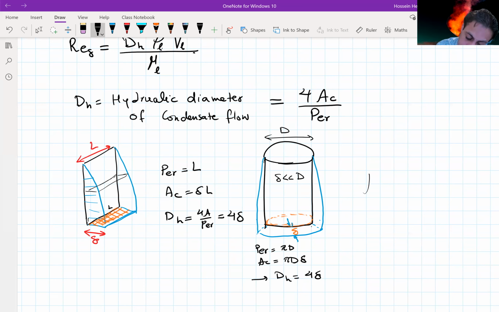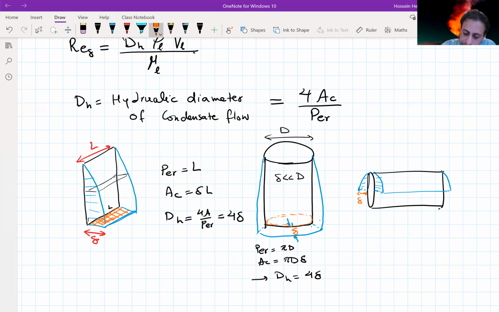Another geometry is a horizontal cylinder, where the condensation is just building up around the cylinder, and can have the buildup on the other side, if that's clear. So this is, let's say, the condensation buildup that we have, and let's assume we are going to just do the evaluation of this hydraulic diameter at this point.